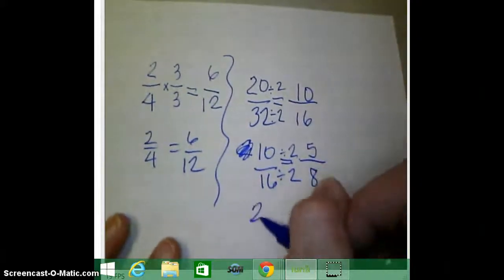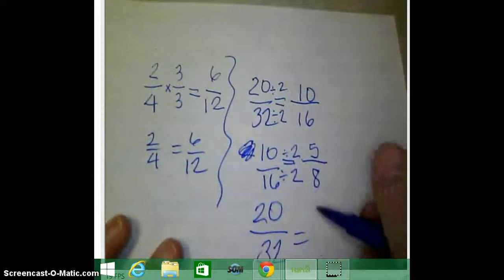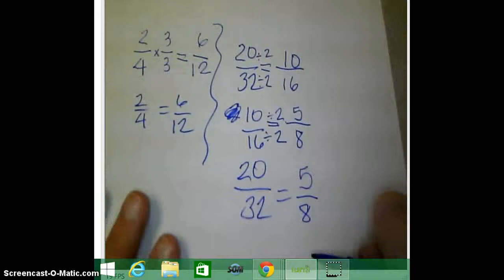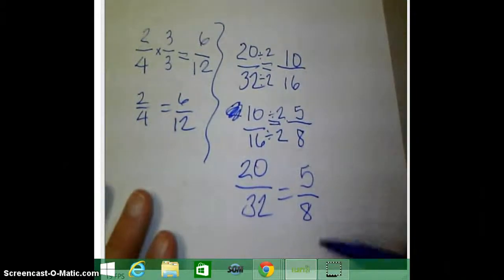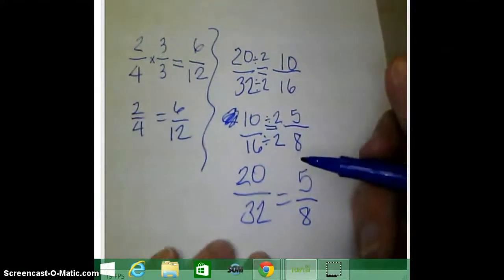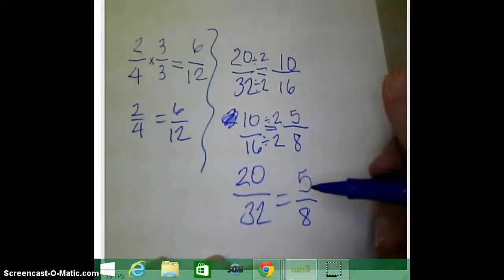You know why? To tell if a fraction is equivalent to another fraction, I can do the same function on top as I do to the bottom, or same operation, because we know our operations are addition, subtraction, multiplication, and division. If I can do that, then I know it's an equal or equivalent fraction.